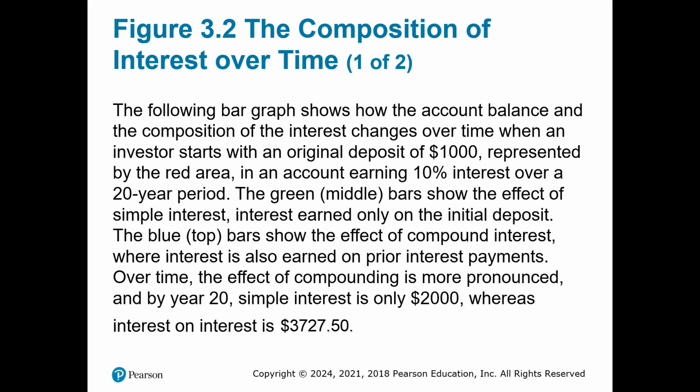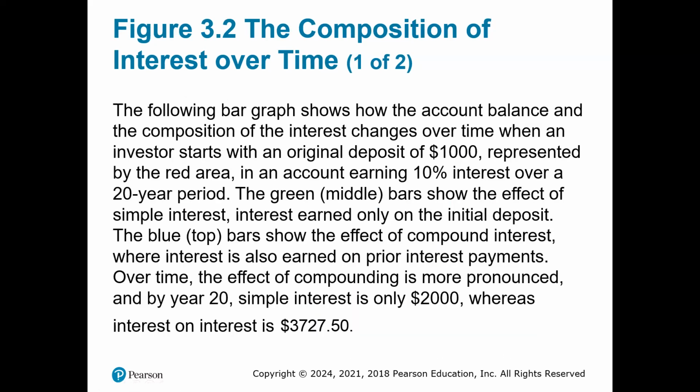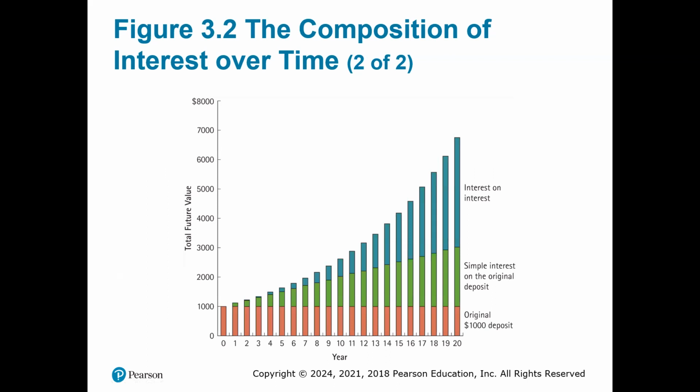The blue top bar shows the effect of compound interest, where interest is also earned on prior interest payments. Over time, the effect of compounding is more pronounced, and by year 20, simple interest is only $2,000, whereas interest on interest is $37,275.